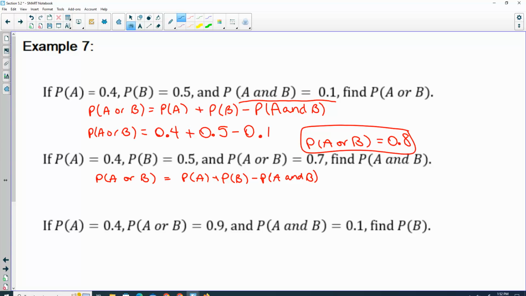What is the probability of A or B? Oh, that was from part A. Sorry. Let's do a new question. Just from this one. 0.7. Okay. And this one, what's the probability of A? 0.4. Probability of B? 0.5. And I don't know the probability of A and B.